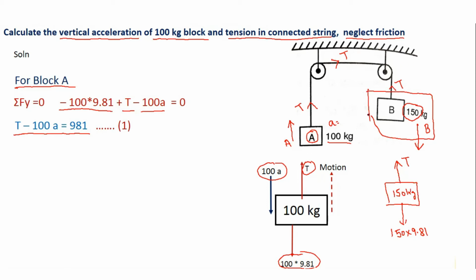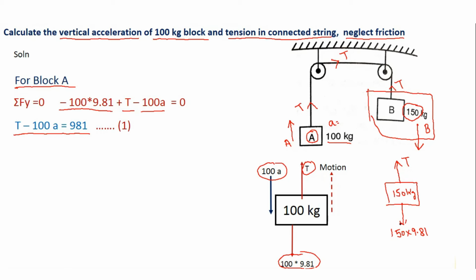You can observe here that there is no contact of block B with any surface, hence there will be no contact reaction. And also because there is no contact surface, there will be no movement, and if there is no movement, there will be no friction. So friction force will also not appear in this free body diagram. Now we have completed showing all the forces acting on this particular body.